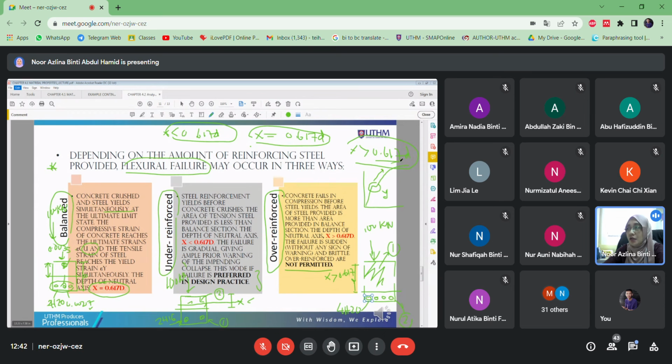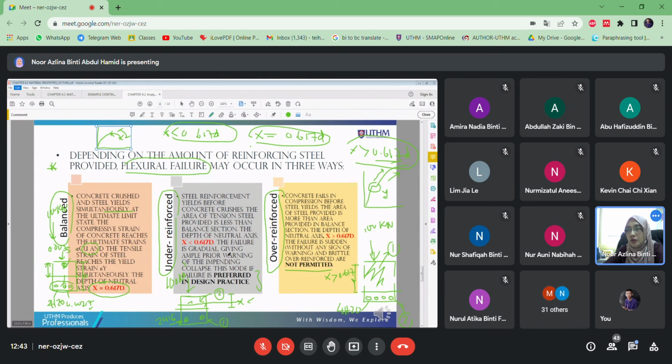It still can perform, it still can utilize all of its strengths. So for the concrete, if I draw, once it achieved the maximum, it dropped here, so it failed here. There's no longer performance after the maximum here, rather than the steel.